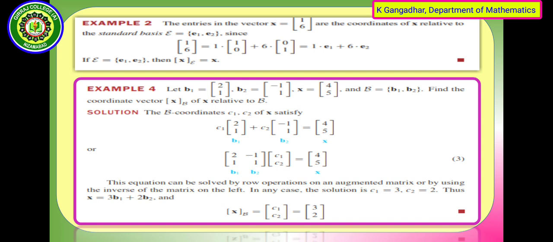So the equations we write in matrix form, that form is Ax equal to b form. So [A b] is reduced to upper triangular form. Again we write the equations, and those equations are solved for the c1, c2 variables. And here we get the values c1 equal to 3, c2 equal to 2. So x equals 3 b1 plus 2 b2. So the coordinate vector [x]_B equals (c1, c2), that equals (3, 2).